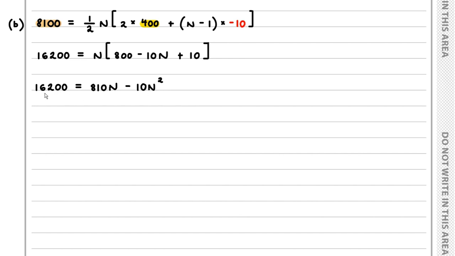So 16,200 equals 810n subtract 10n squared. If I rearrange and simplify by dividing through by 10, we have n squared subtract 81n plus 1620 equals 0.